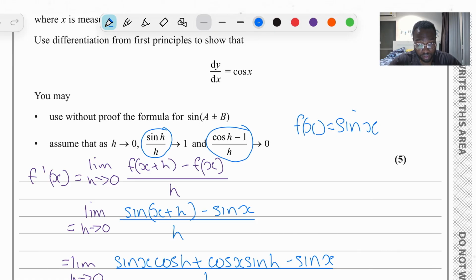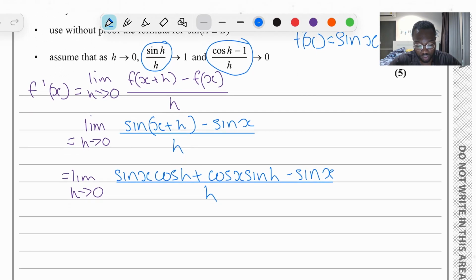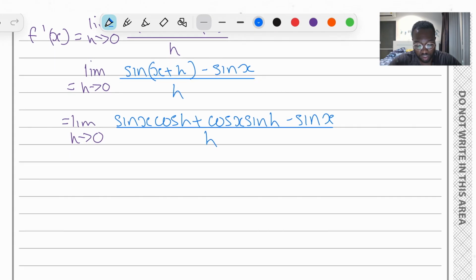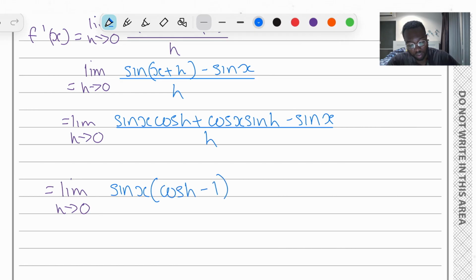Well, let's think of it. First things first, we have a sine x cos h and a cos x sine h. So what we can do is join the sine x with the other sine x. If I do that, we get the limit as h tends to 0 of sine x, open the bracket, cos h minus 1, and for the cos, we can just leave that as cos x sine h over h.